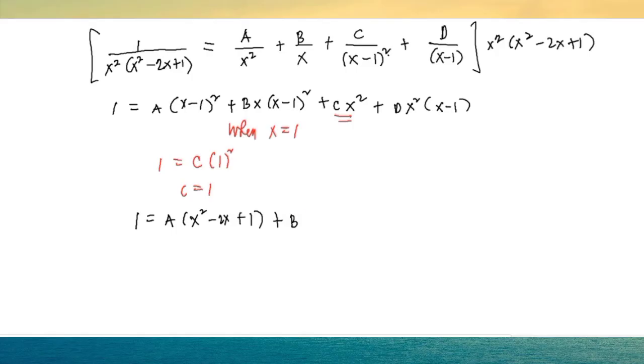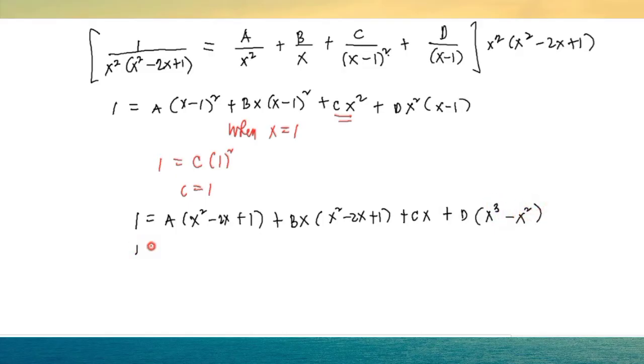So sige, ipakita ko na lang. So x, expand muna natin to, that's x squared minus 2x plus 1 plus cx plus d multiplied by x cubed minus x squared.